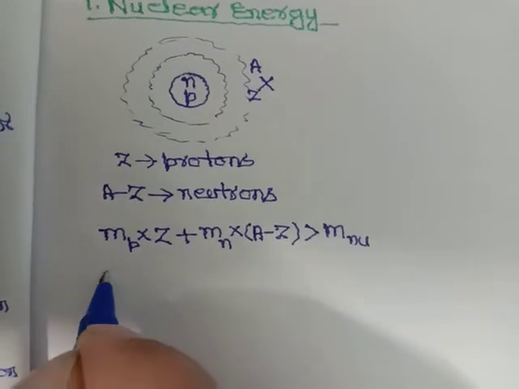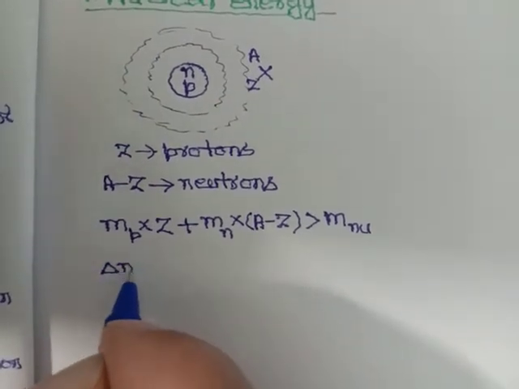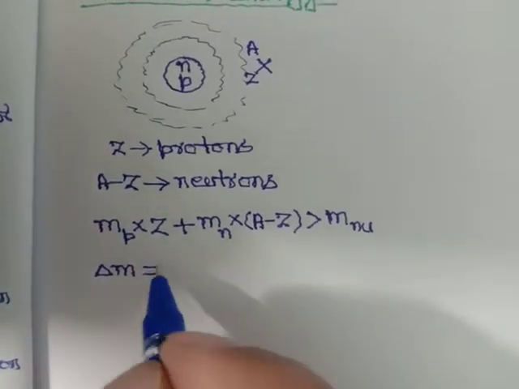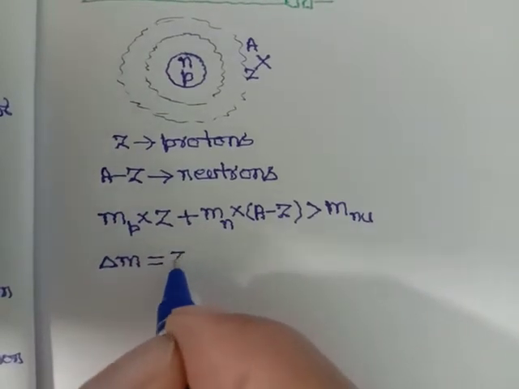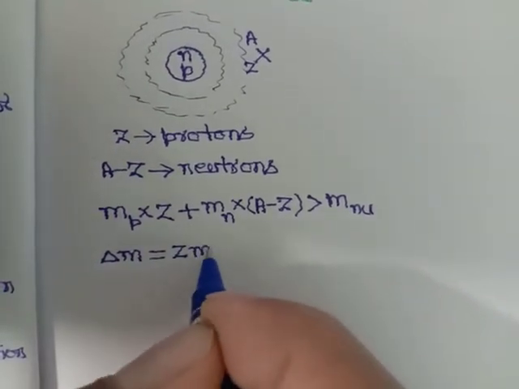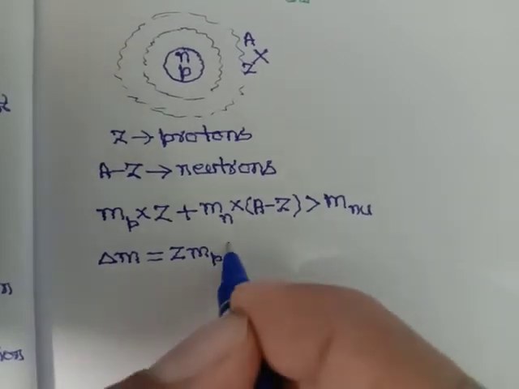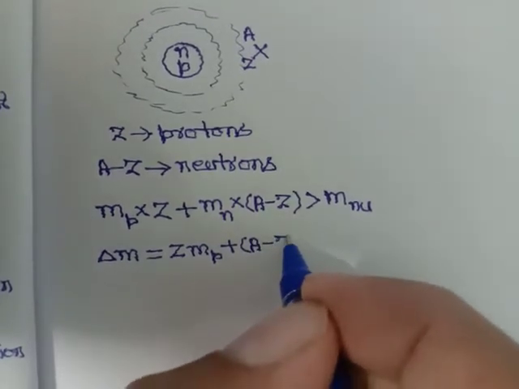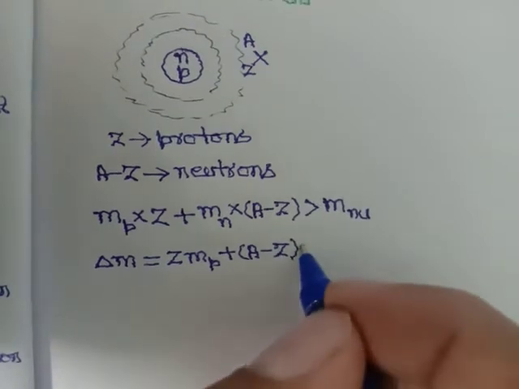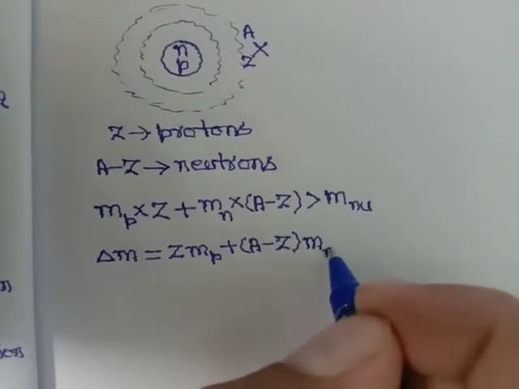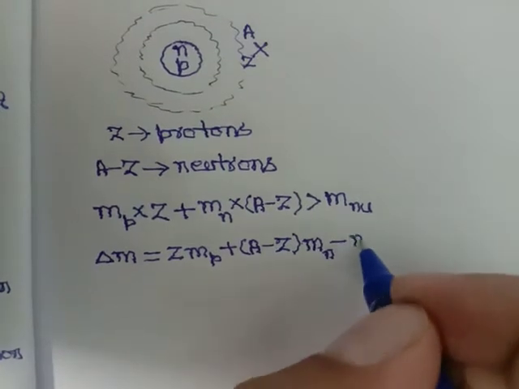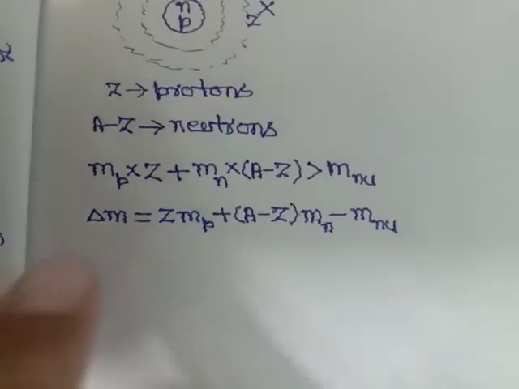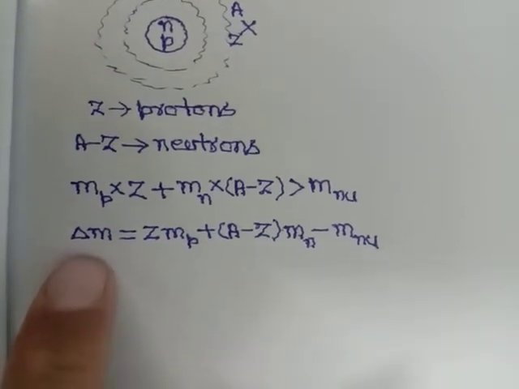It is represented by delta M. Okay, and this is given by the sum of individual constituents, that is Z into mp plus (A minus Z) into mn, all right, minus the mass of the nucleus, right? This is the loss in mass while the formation of a nucleus.